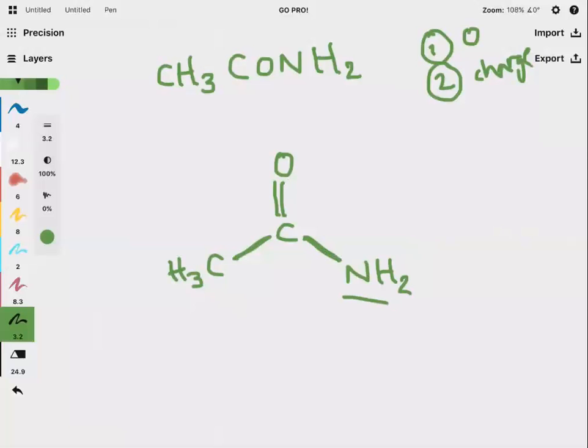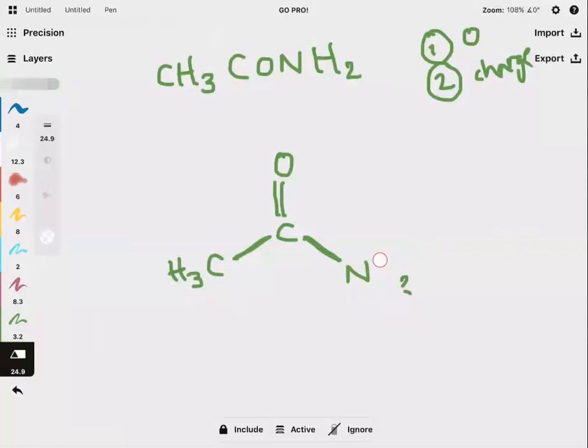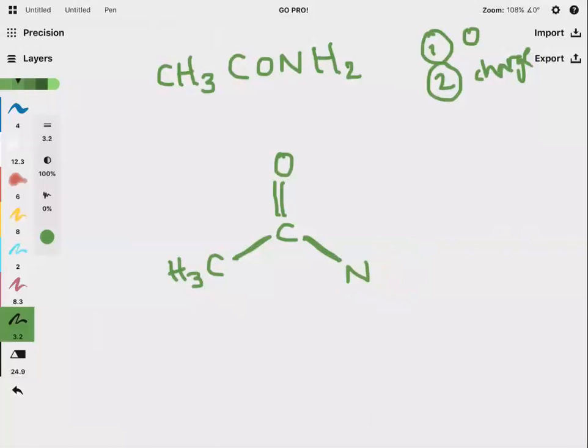This NH2 right here, let me expand that out a little bit more so it's clearer. There's 1 hydrogen and there's another hydrogen on that nitrogen, right? But nitrogen is a group 5 element. So here's one of its valence electrons, here's another one, and here's a third one. So it must have a lone pair that are not bonded to anything.